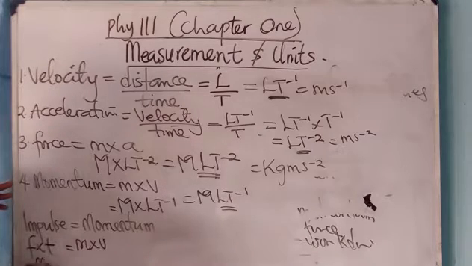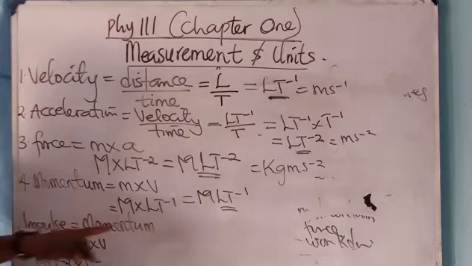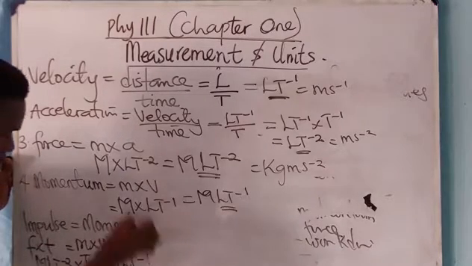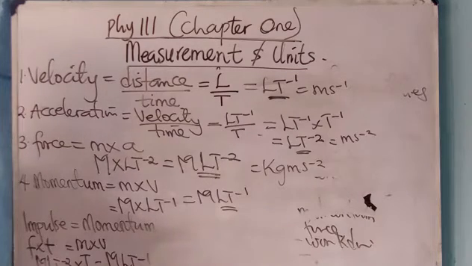Force, you know, is MLT minus 2, that is big letter M, times this T. Now our momentum was giving us MLT minus 1. Now minus 2 plus 1 is minus 1.